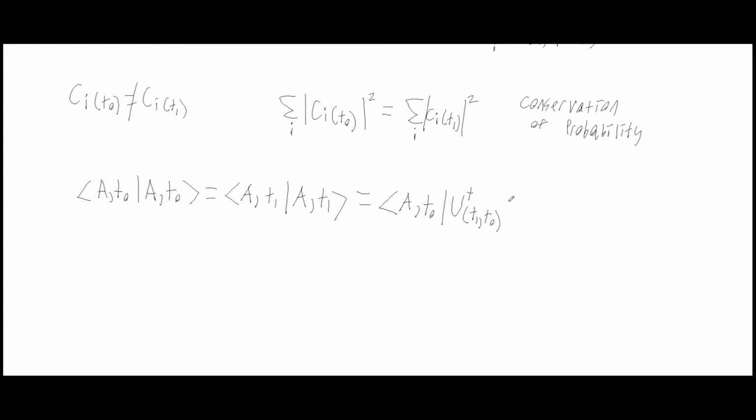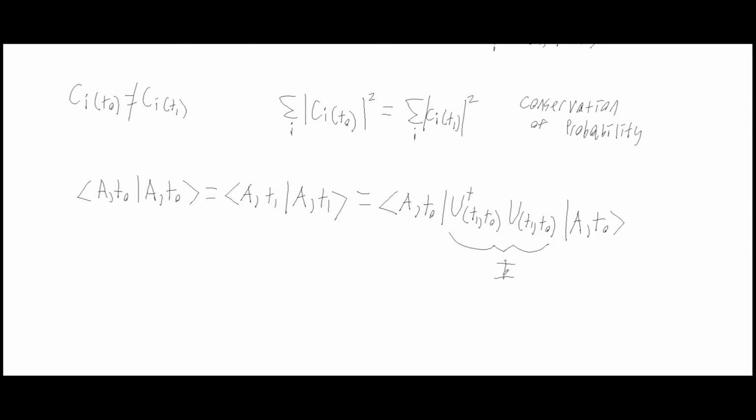Then we're also multiplying by the ket, so we have to multiply once again by this U of t1 and t naught, and then that is acting on our ket here, A at t naught.